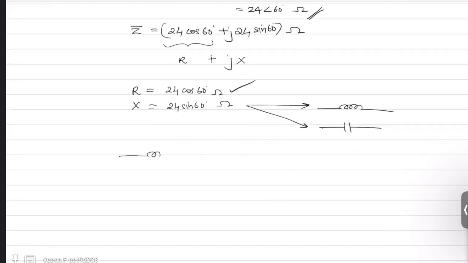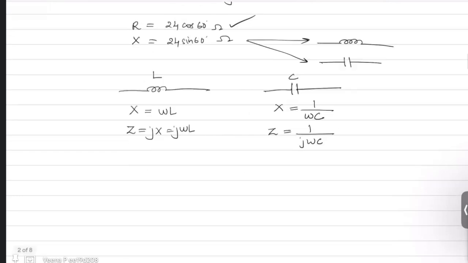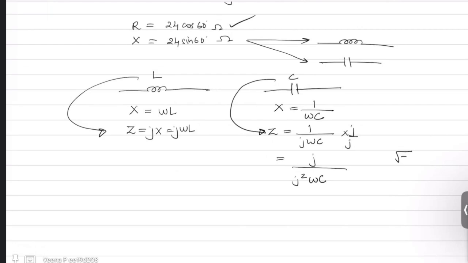If you see the inductor whose inductance is L, the reactance is omega L and the impedance is jX, which is j omega L. In the case of a capacitor, for a capacitance C, the capacitive reactance is 1 by omega C, or Z is 1 by j omega C. Now if you multiply both numerator and denominator with j, the numerator is j whereas the denominator is j square omega C. Now root of minus 1 is nothing but j, which means j square is minus 1.